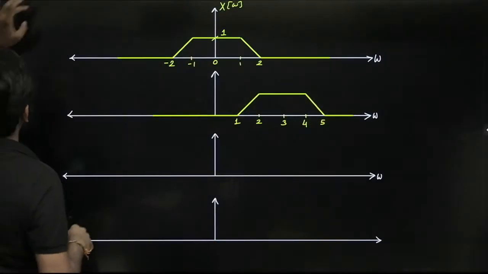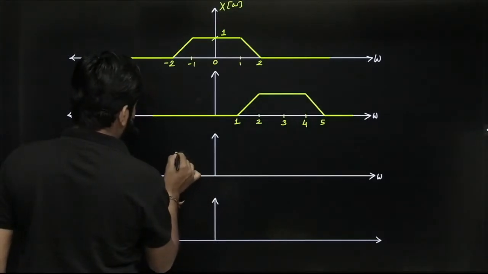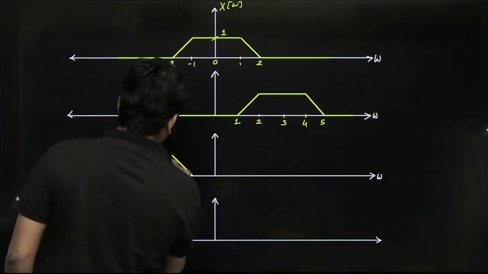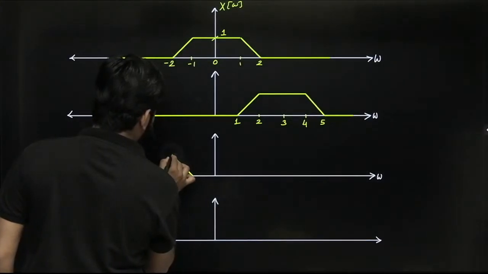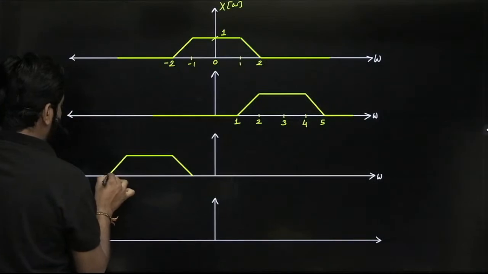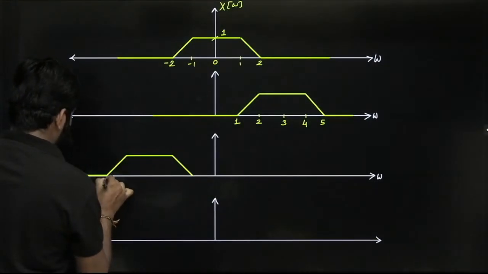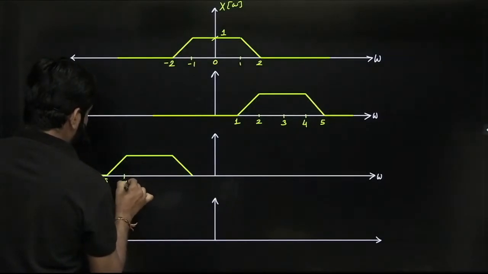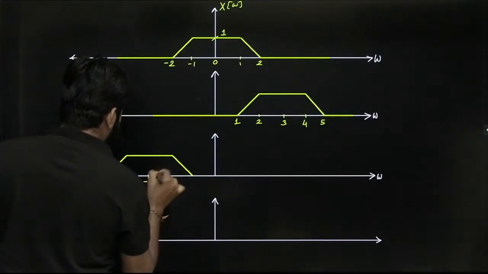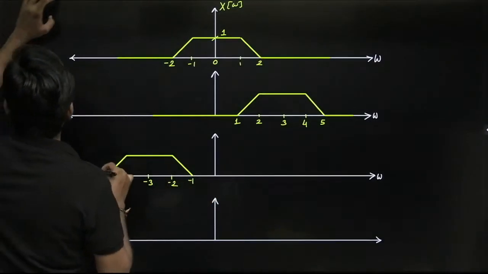Similarly, shift left side by 3 units. So it is from minus 1 to minus 5. Correct. This is minus 5, minus 4, minus 3, minus 2, minus 1.